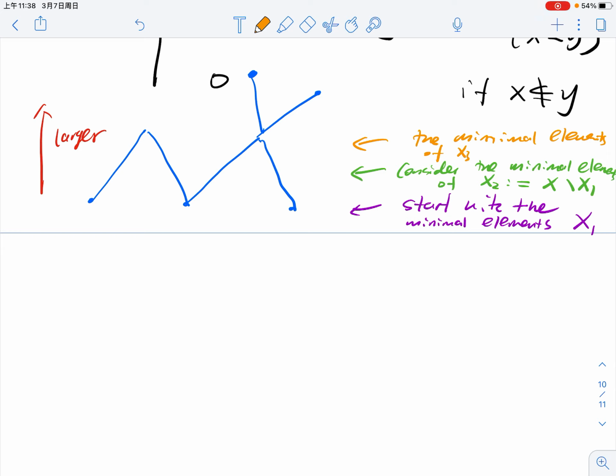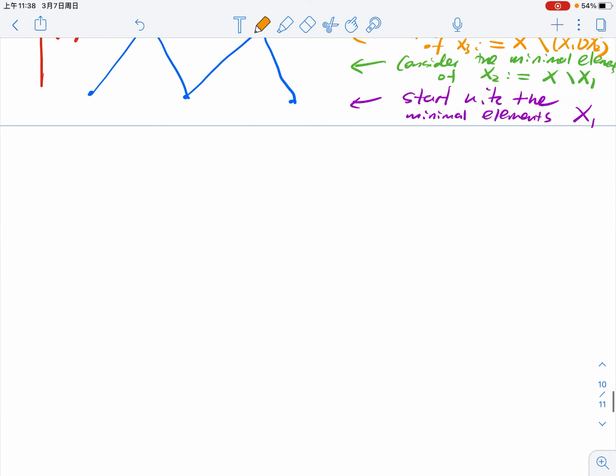X3 equals X minus X1 union X2, and so on until the last one. Since we only have finitely many elements, you can complete the definition in finitely many steps.